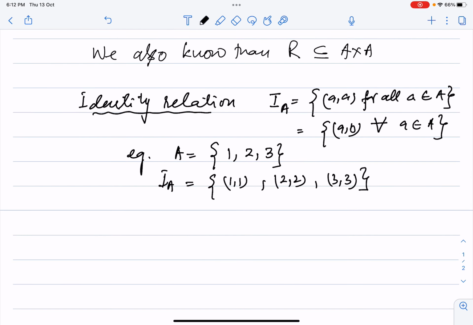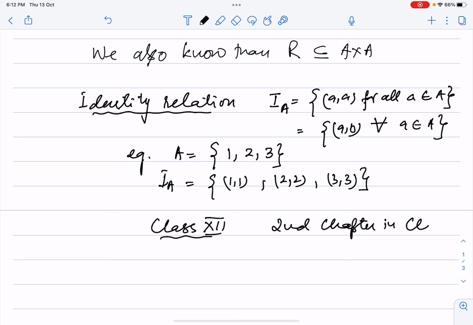Now we extend our journey of relations to class 12. As per CBSE, there is a second chapter in class 12th named relation and function.